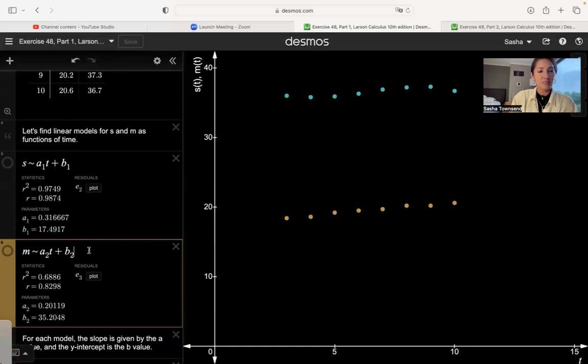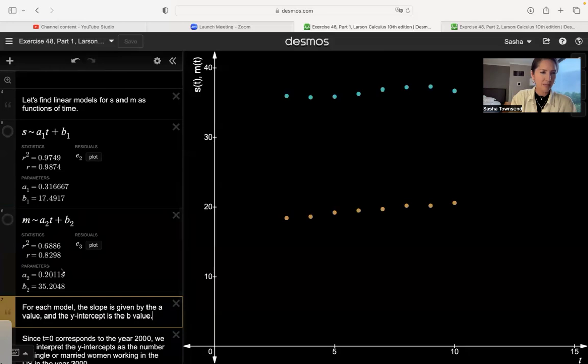Then we do the same thing for the number of married women working, and we get a different slope: 0.201 is the slope for the number of married women, and 35.2 is the y-intercept. So we've got these two lines, or these two sets of points.